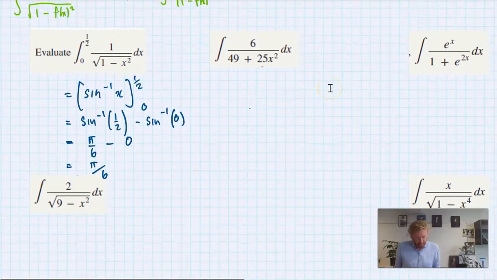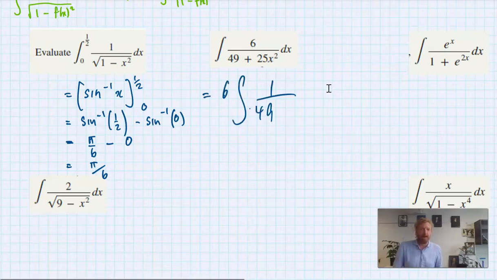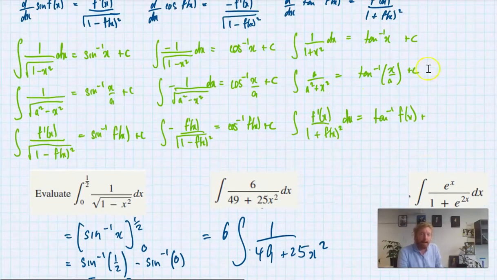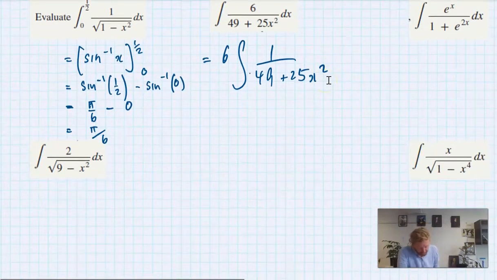I'm going to take that 6 out first, so I get a 1 on top, and then 49 plus 25x squared. Now I want this to look like that guy, so I'm going to take that 25 out.